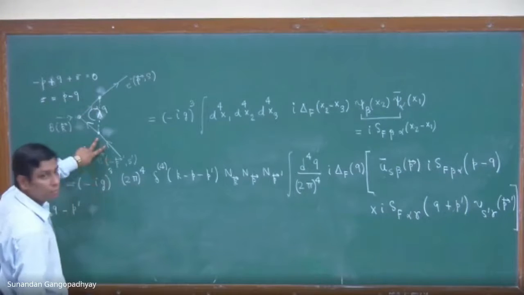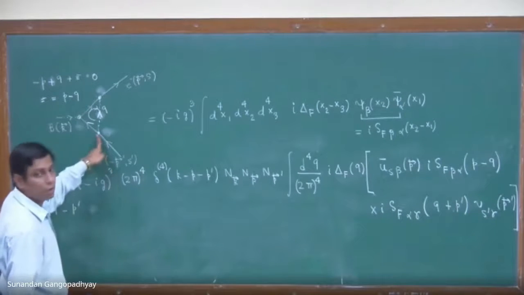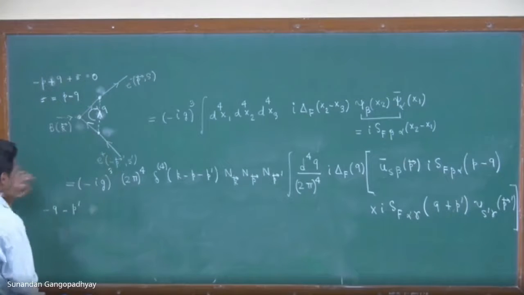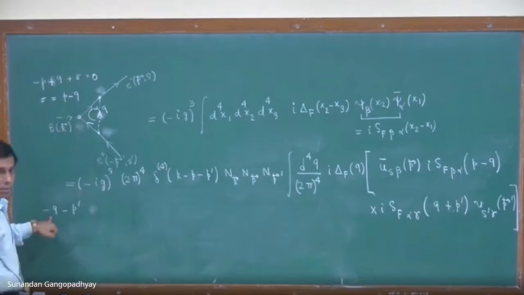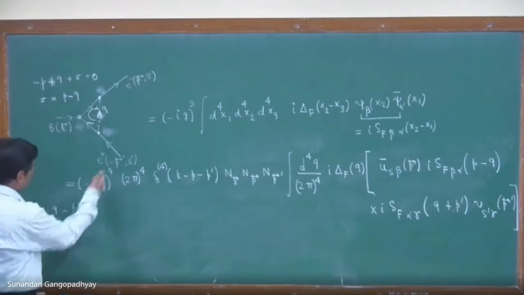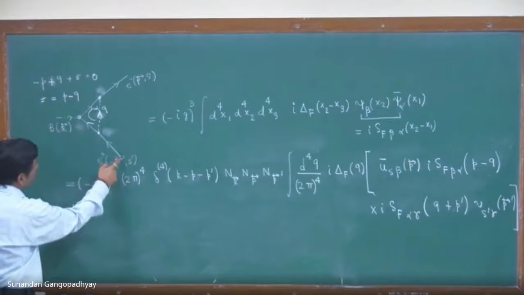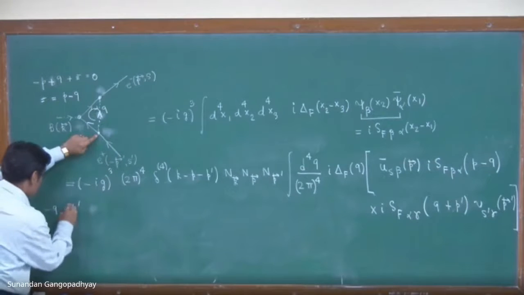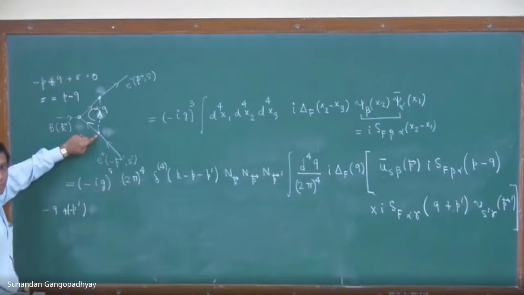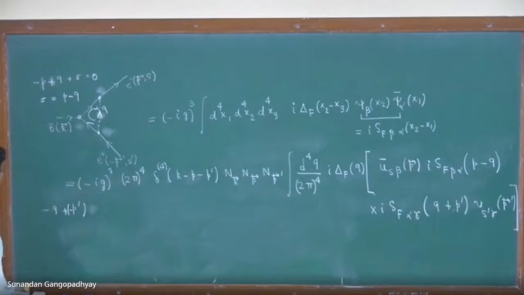Plus P prime. This is minus P prime falling here. So let me do the convention once again. Everything going outside is minus Q. So this is minus Q. So minus P prime is falling inside. Minus P prime falling inside means plus P prime going outside. And my convention is going outside is minus. So that gives you minus P prime.